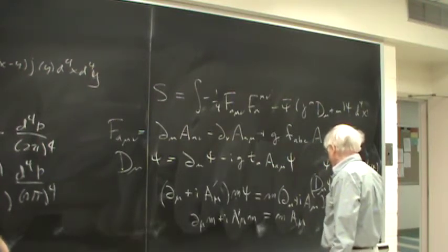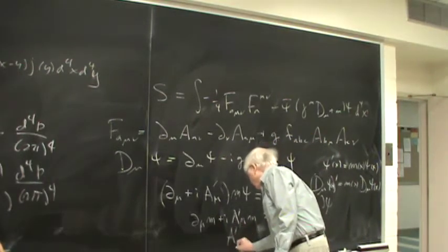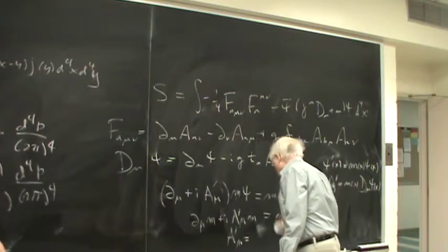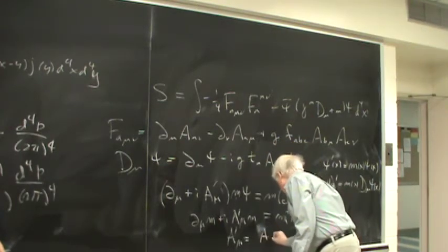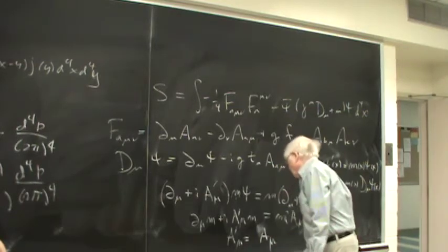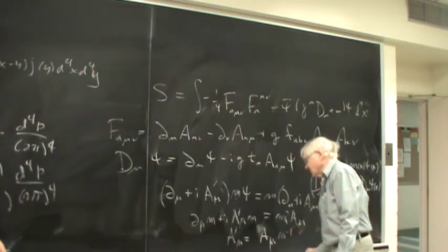Right, this is okay. And so then what we say is that A prime_mu should equal A_mu, but we need to get rid of this M, so we have an M inverse here.